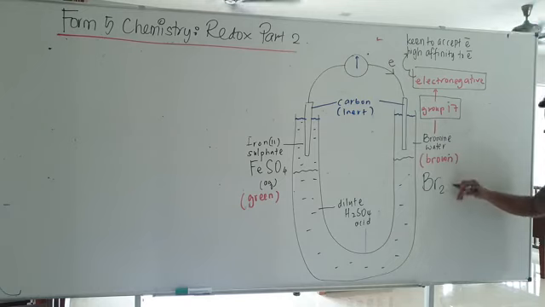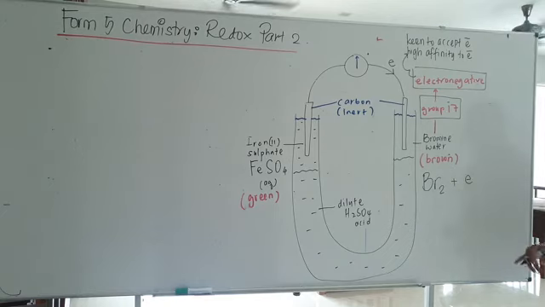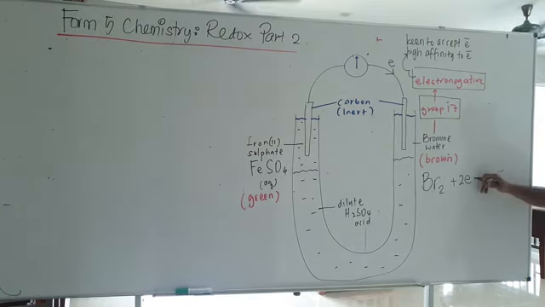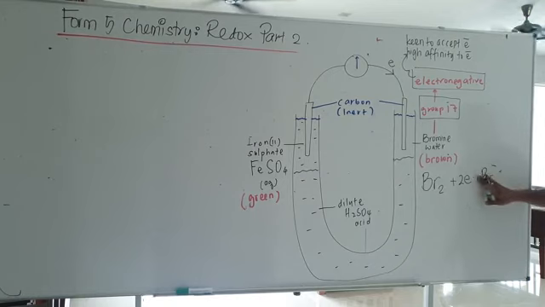So the bromine is going to accept electrons. But since we have two bromine, let's put two electrons. And each bromine is going to become Br-, so you get 2Br-. Alright. So that's what's going to happen.